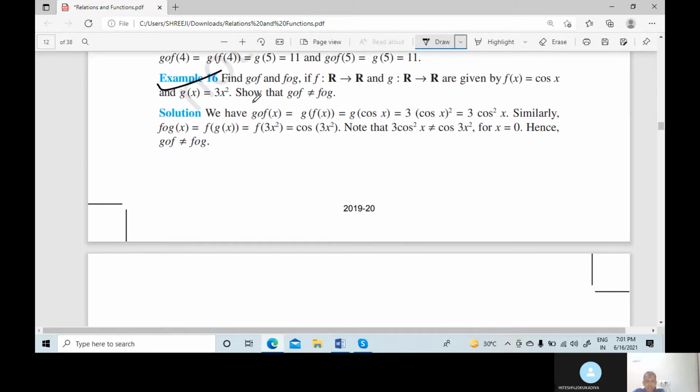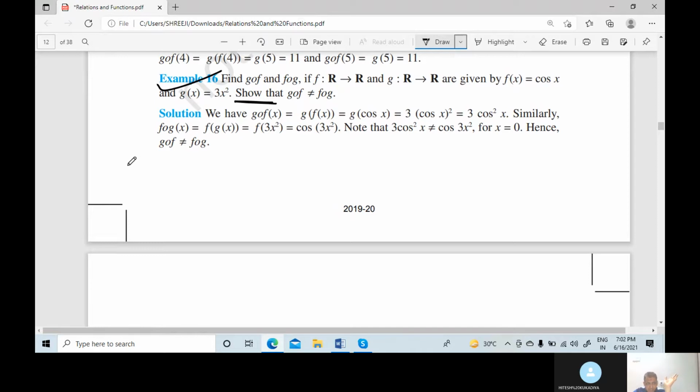Look here, the question: Find GOF and FOG, if the function F is from R to R, and the second function G is again from R to R. Here both functions have the same domain and codomain. So here we cannot check whether FOG or GOF is possible, because our question already shows that. So we can solve directly.